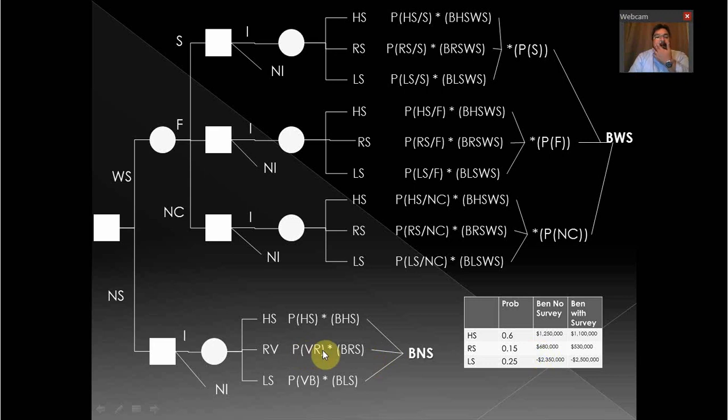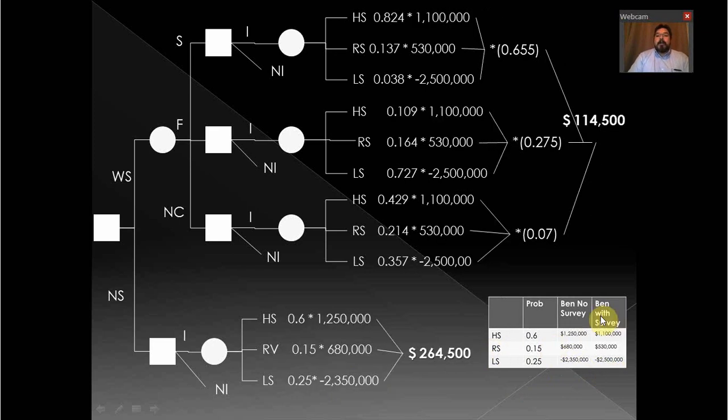The probability of regular sales, that is 0.15, times the benefit of regular sales with no survey, that will be 680,000 pesos, and the probability of low sales times the benefit of low sales. This will be this 0.25 times 2,350,000 pesos.